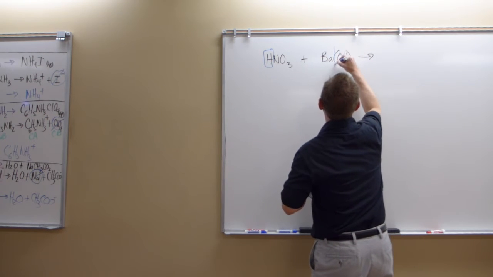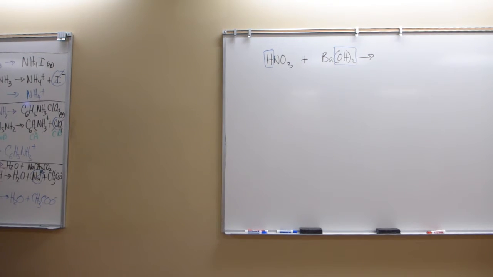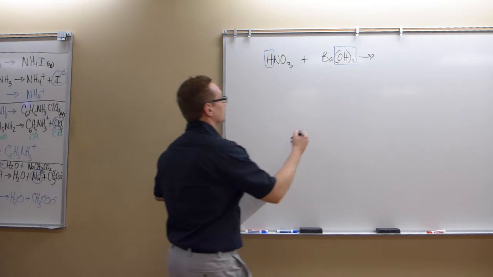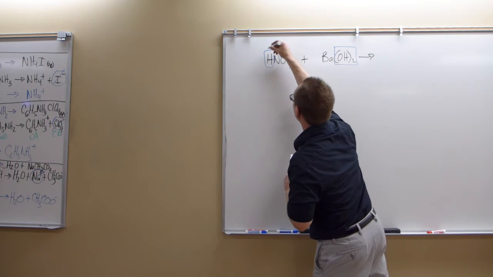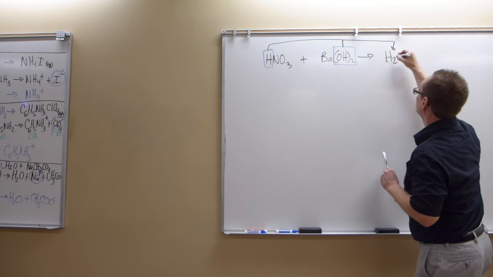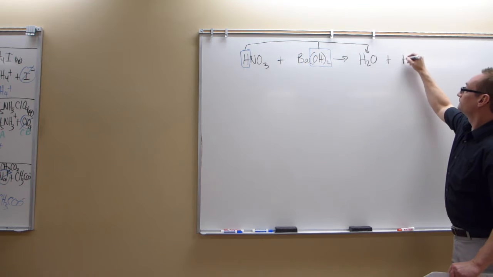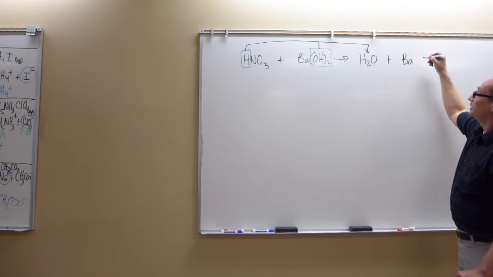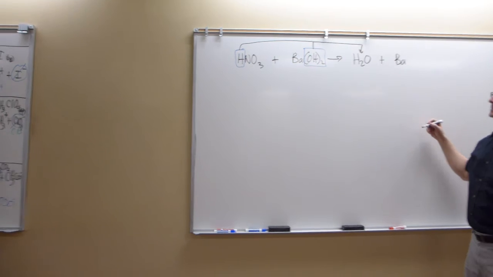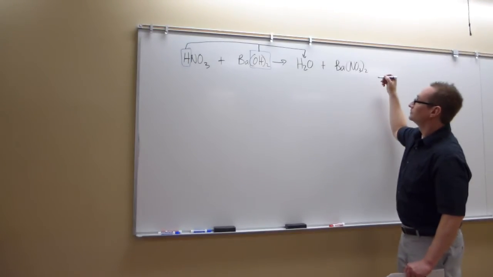Acidic hydrogen, here's your base. So you're going to get water from that. And then what's left? Barium nitrate. The formula for barium nitrate is what? Ba(NO3)2. Again, all aqueous. Water is a liquid though.